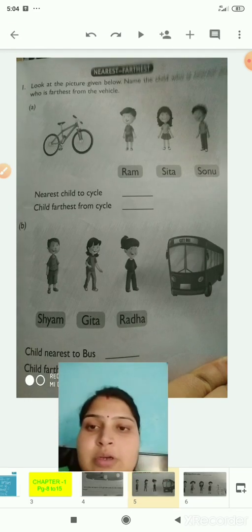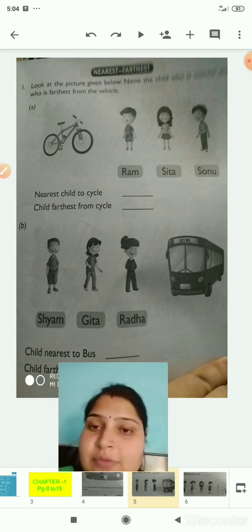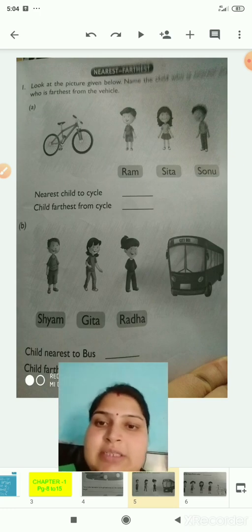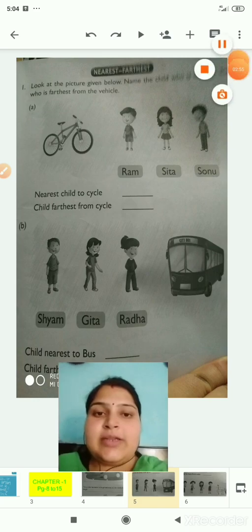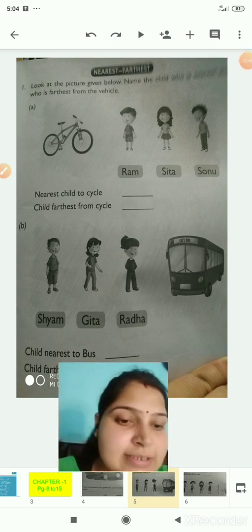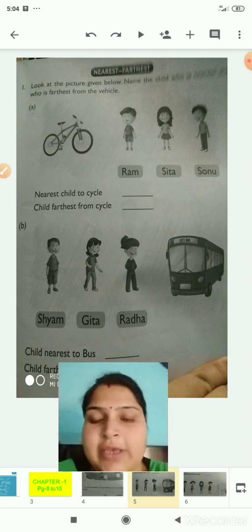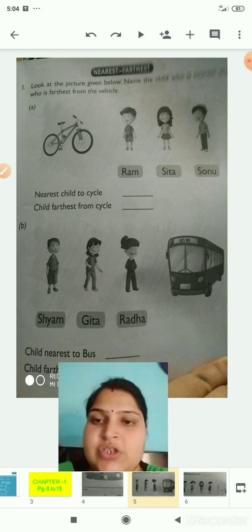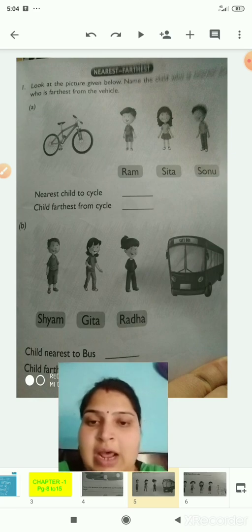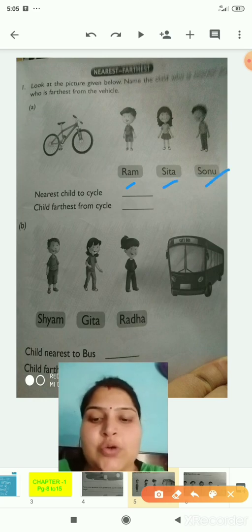Name the child who is nearby the vehicle and who is farthest from the vehicle. So here we have to name the child who is nearest and who is farthest from the vehicle. Here we have 3 different children: first Ram, Sita and Sonu.